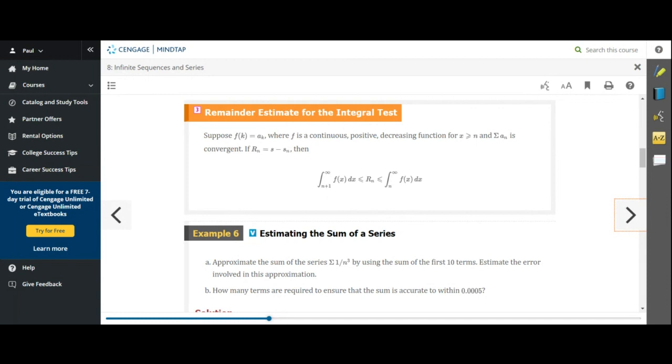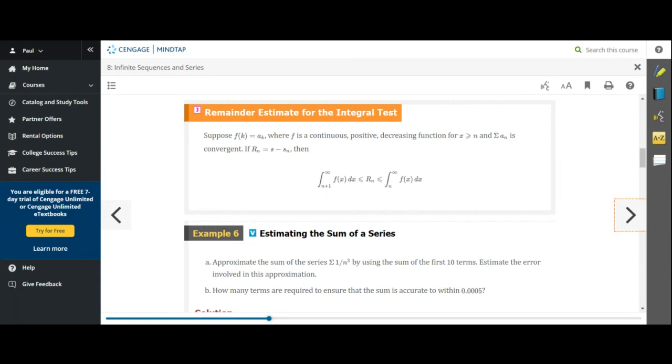They develop why it's true in the book, but for our purposes, you can look at that, but we'll take it on faith right now.